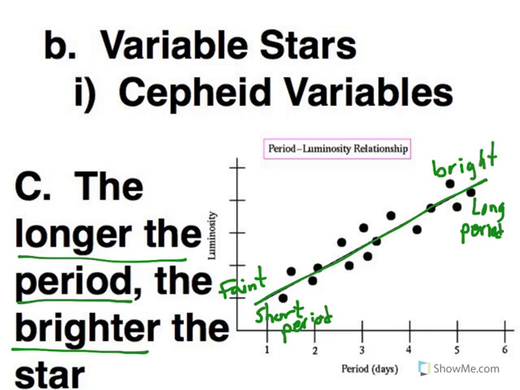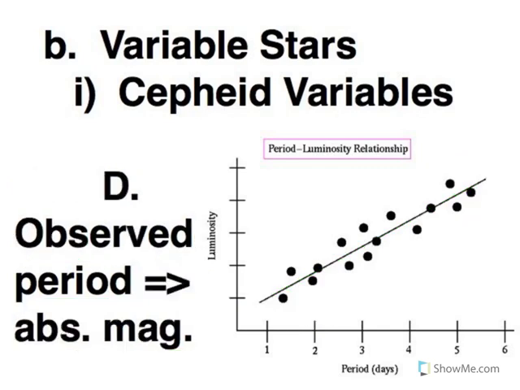Later, she was able to actually quantify the brightness, get actual numbers associated with it. That means that if you look to see how long it takes that star to go from bright to faint, back to bright, the observed period, you can then get the absolute magnitude.